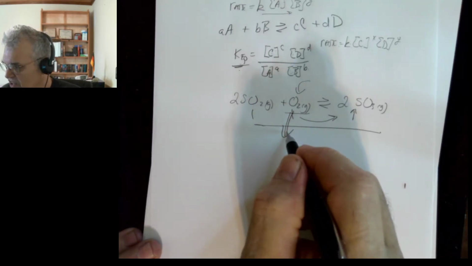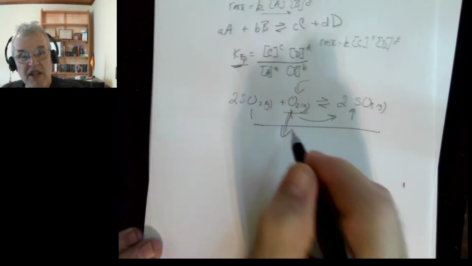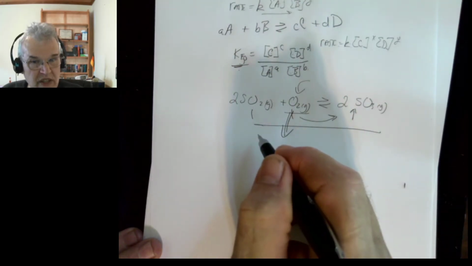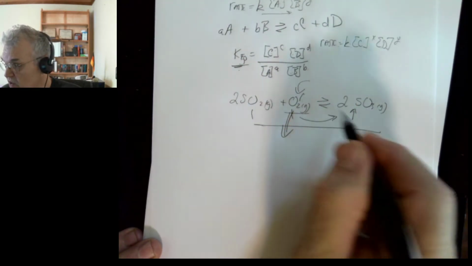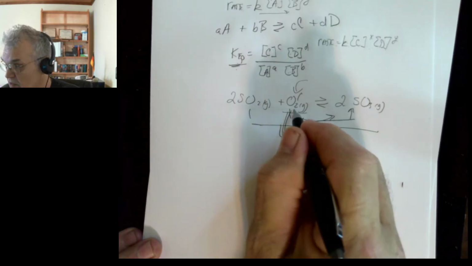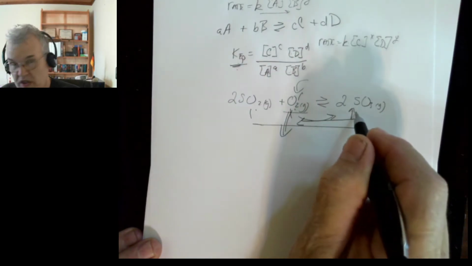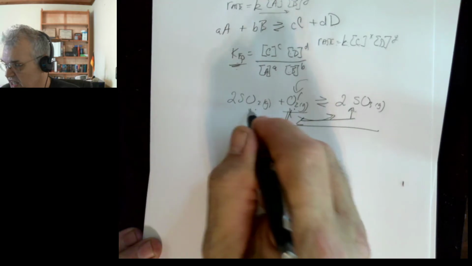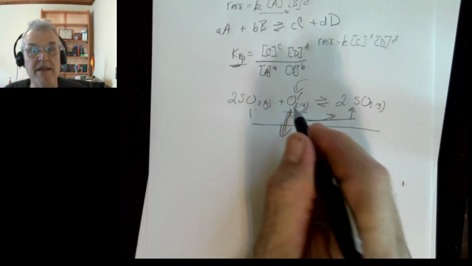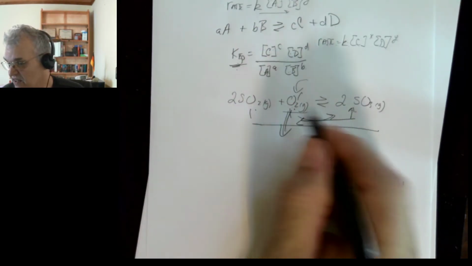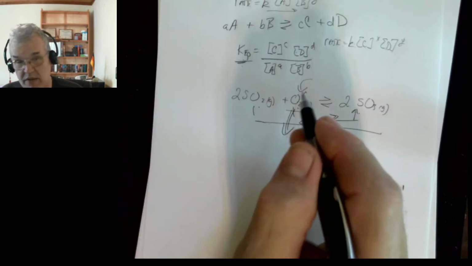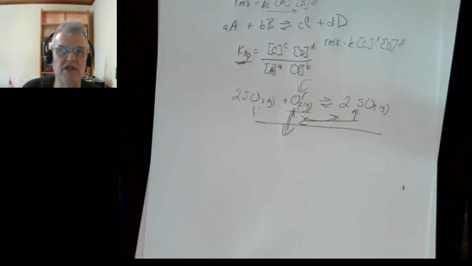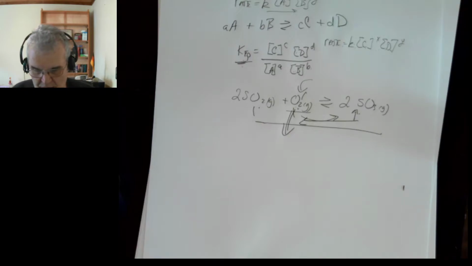If I reduce oxygen on this side, then what happens? The equilibrium has to shift to offset that. This was reduced, so it has to shift in a direction that makes more of this, and reduces this. Now, obviously, it doesn't make back everything, because if it did, it wouldn't equal KEQ, but it shifts in the direction to offset the change.